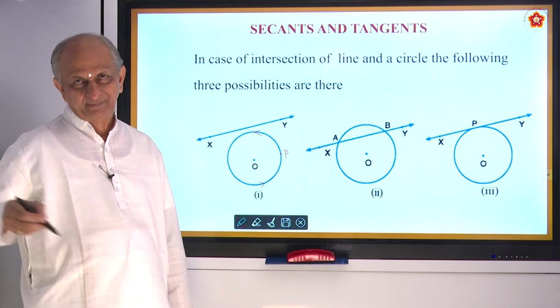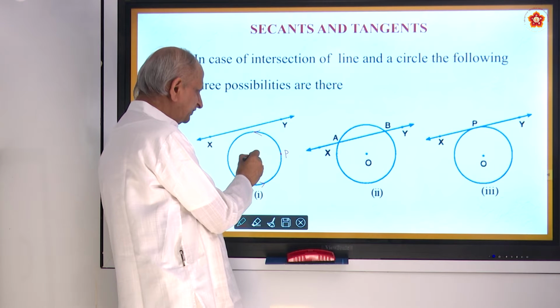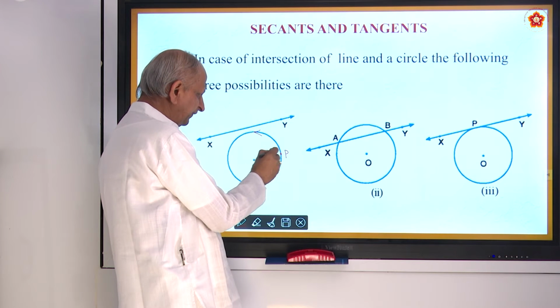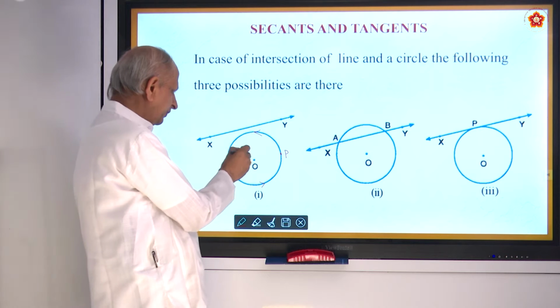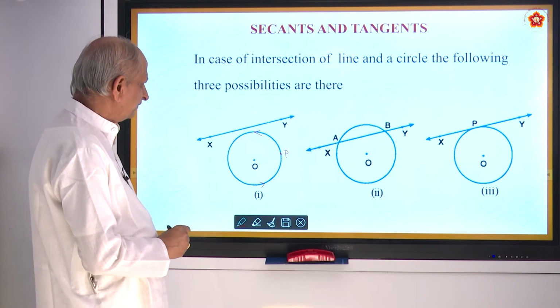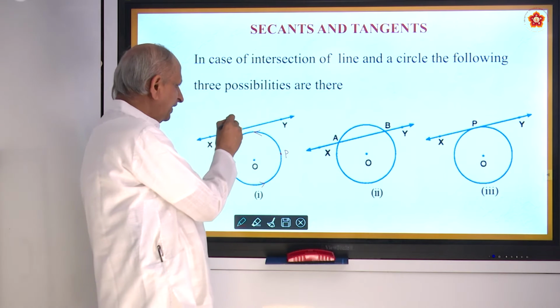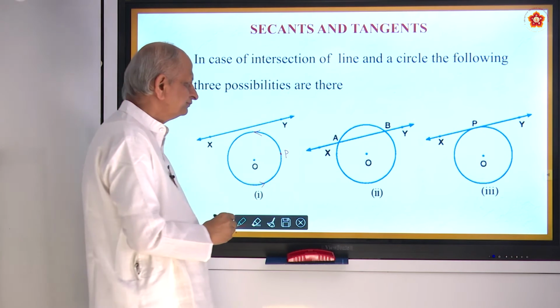Locus means path traced by a moving point, which moves at a fixed distance from a fixed point. What is that point called? Center. Is it not?